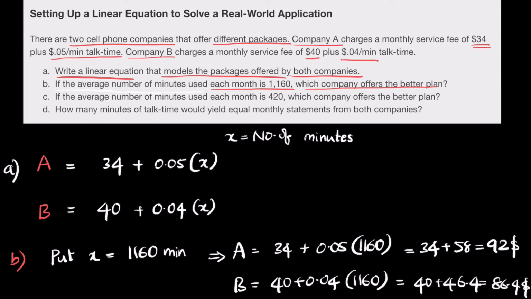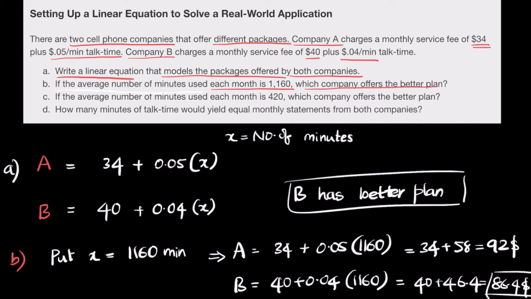Notice that whichever has the least charge will have the better plan. The one that has the least charge is 86.4 here. So company B has a better plan. When the total number of minutes is 1160, company B has a better plan because it costs less.